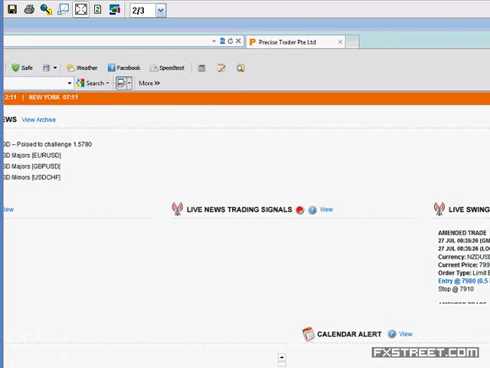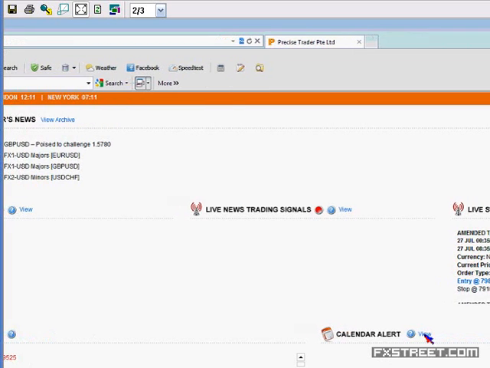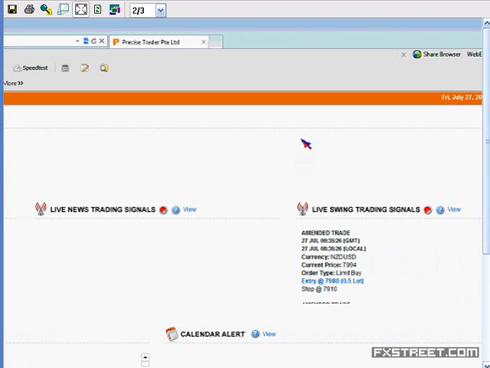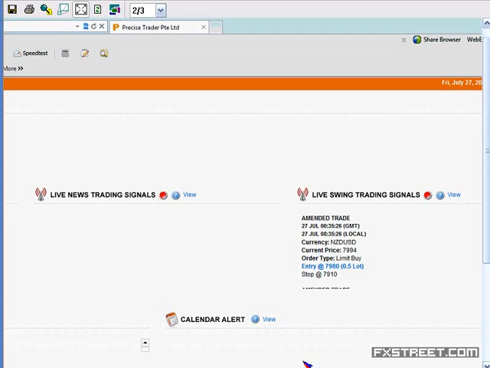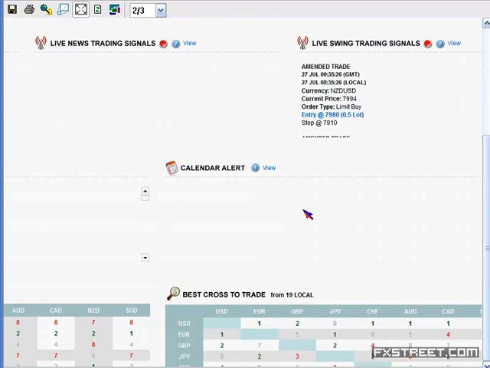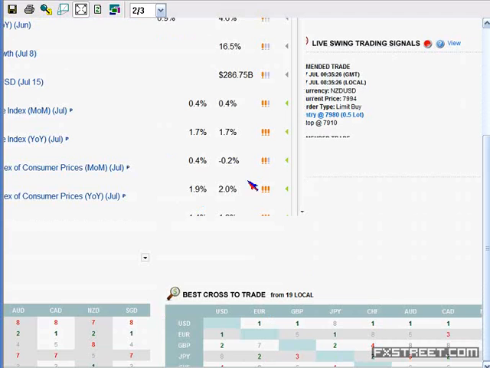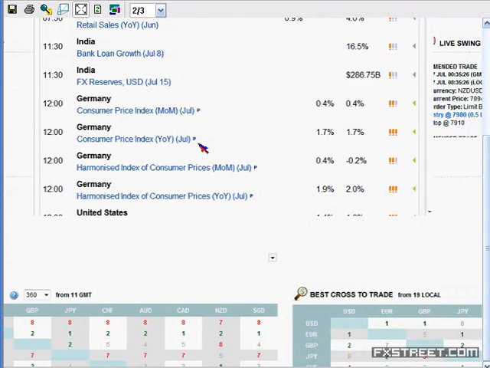Before we show you the example, it is always best to look at the economic indicators that are out, or the calendar.